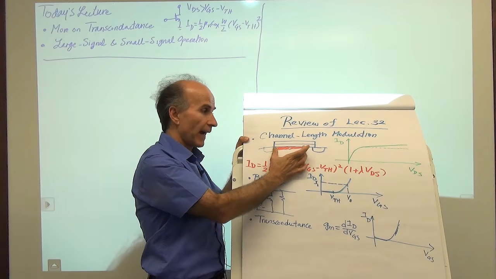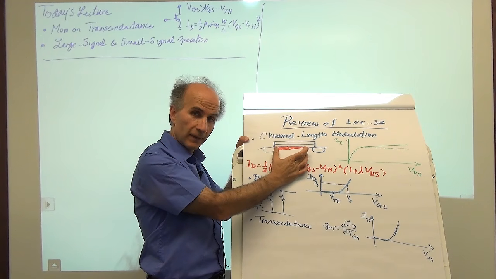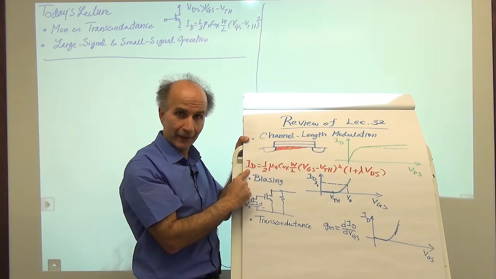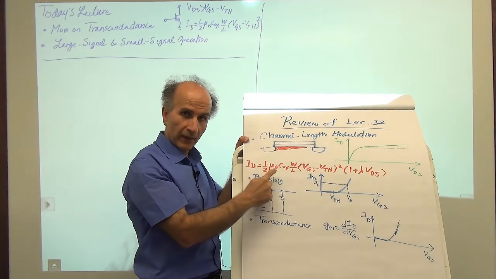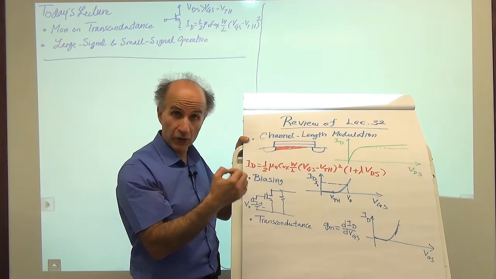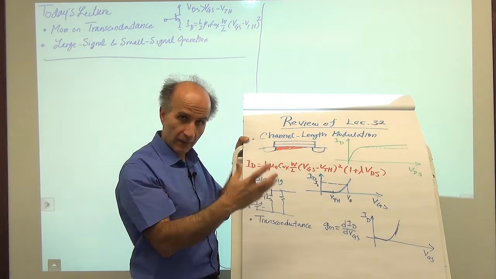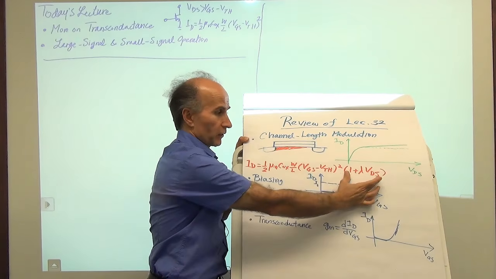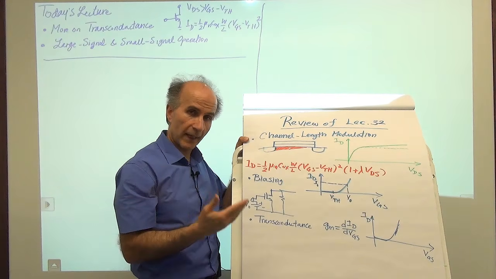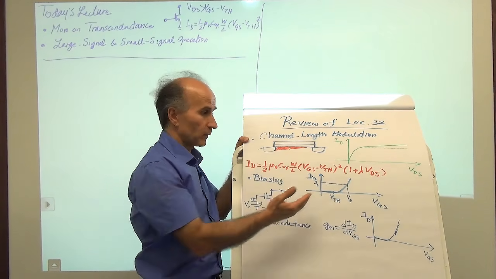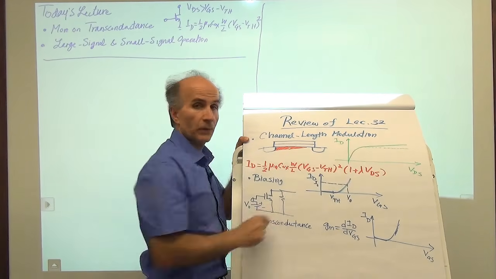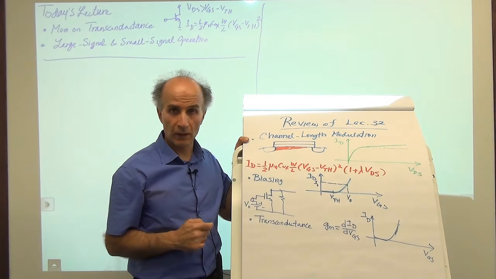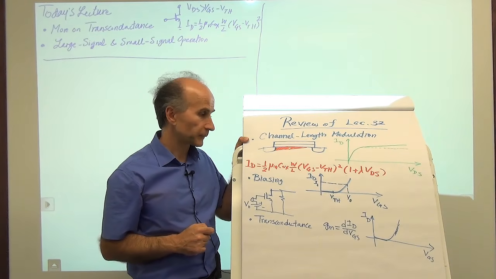That means that the actual length of the channel decreases, which according to our equation indicates that the current should increase. But rather than make L a voltage dependent quantity and making things complicated, we simply multiply the original equation by this factor of 1 plus lambda VDS, so that when VDS goes up, the drain current also increases. That's a very simple representation that we use in many types of analysis and design.